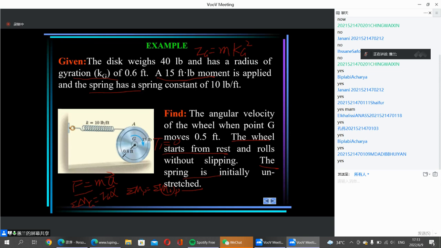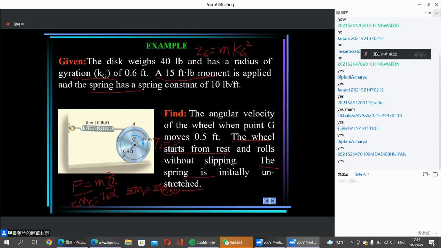So after we have studied the principle of work and energy, you should have this impression: generally we apply the principle of work and energy to find out the velocity, acceleration, or angular velocity, angular acceleration.